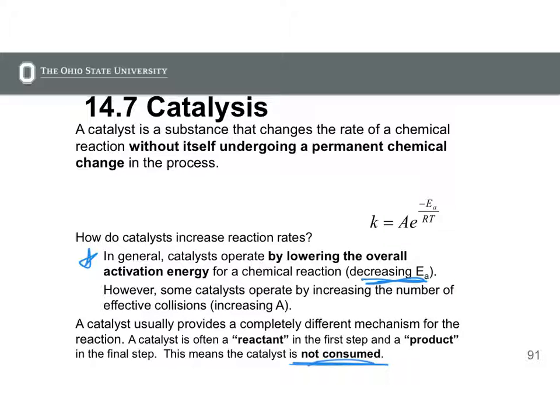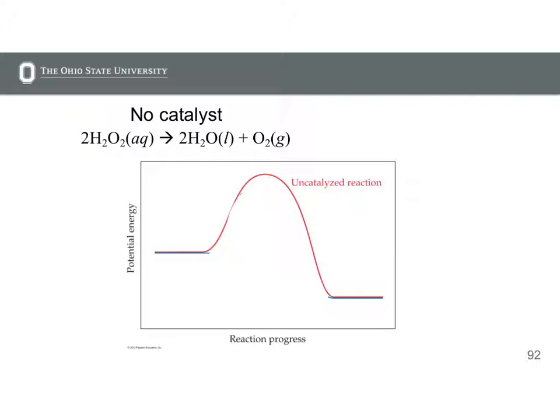I think this is actually how catalytic converters work. You have a metal sheet, like platinum, and the reactants combine on that metal sheet and are able to wander across that sheet and come in contact with each other. That's a way of increasing collisions. But the main one that we're going to talk about is lowering the activation energy.